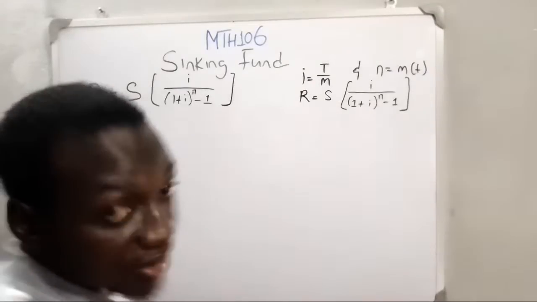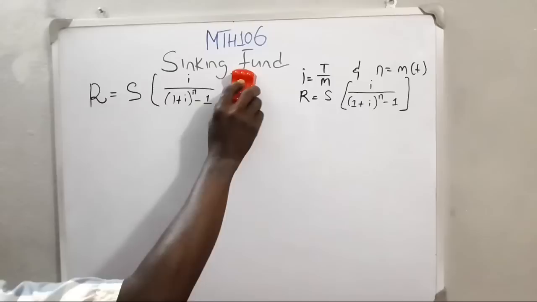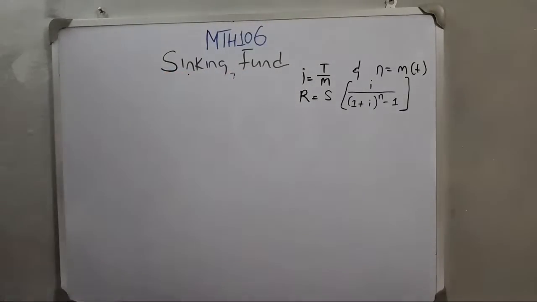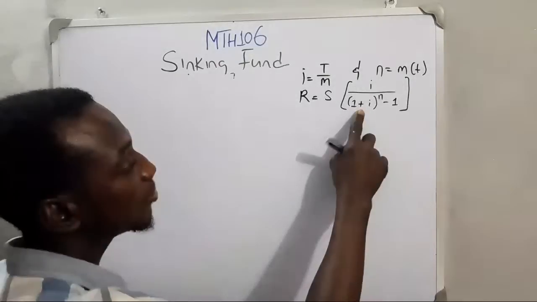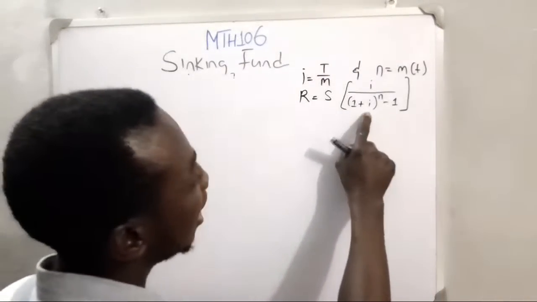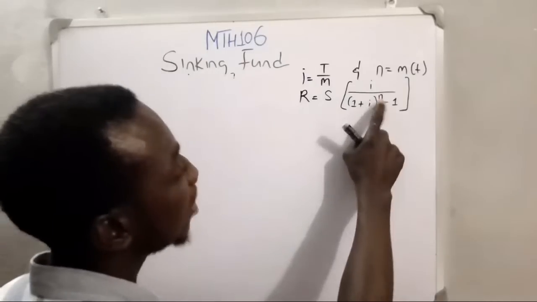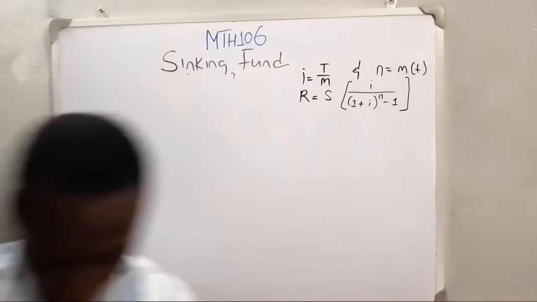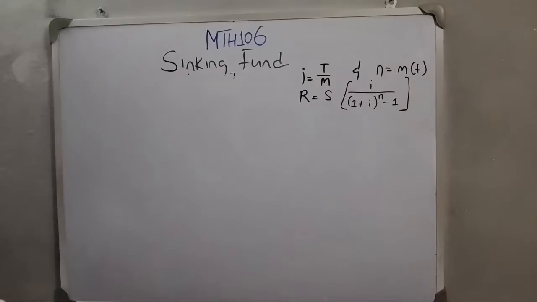Now let's take it up from here. Our very first question: what is in the first bracket? This is 1 plus I, open and close brackets, raised to the power of n minus 1, and we have I. Miss Blessing, did you get that?